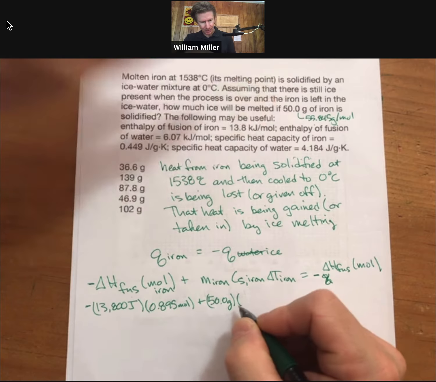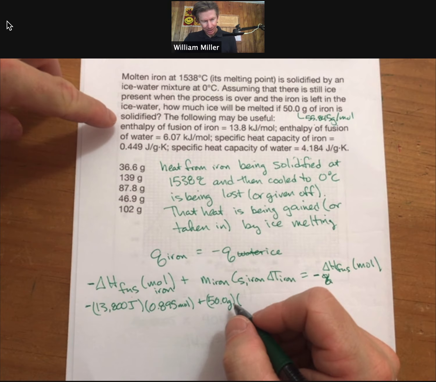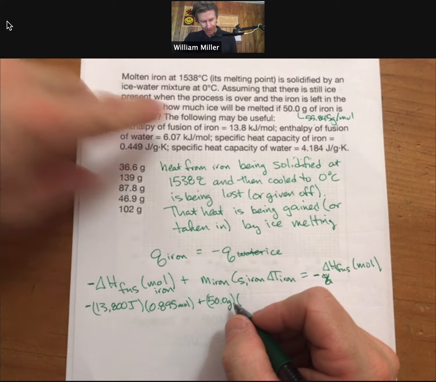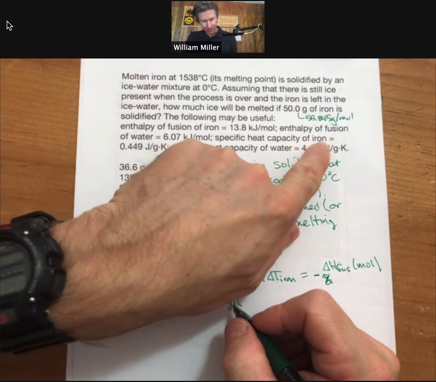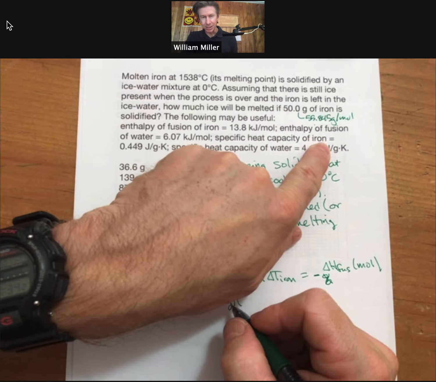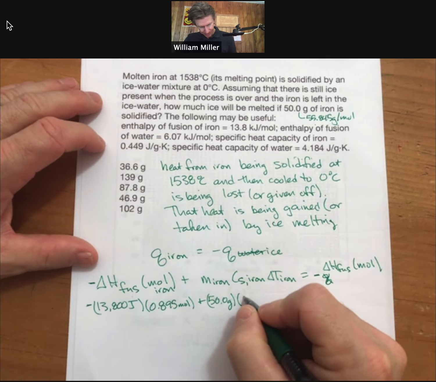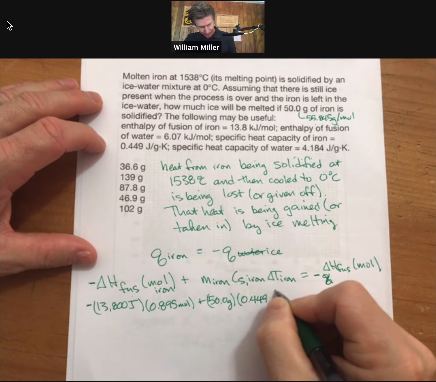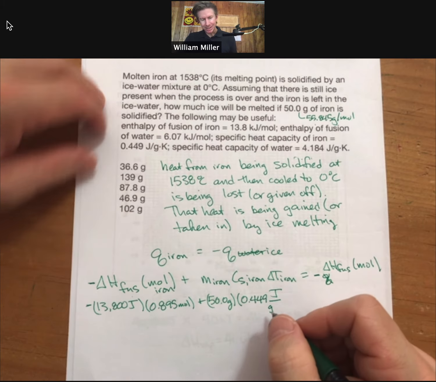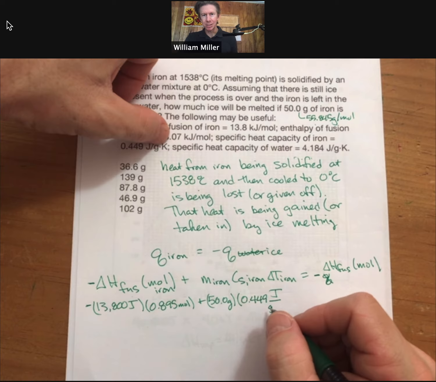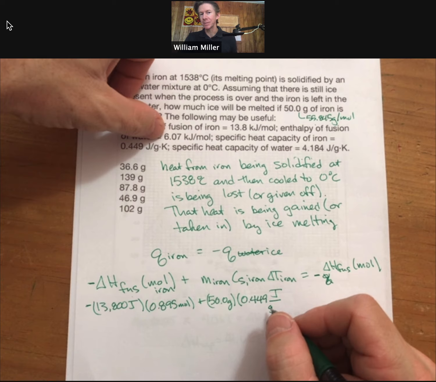50.0 grams, the specific heat of my iron, specific heat capacity of iron. It doesn't say solid, but this is the value for the solid. It says joules per gram degree or Kelvin.